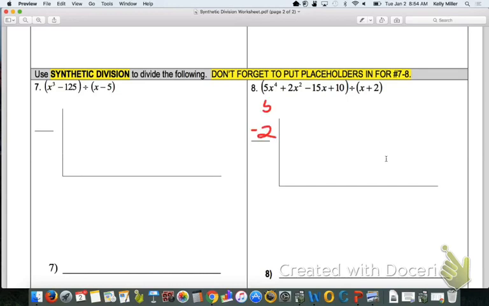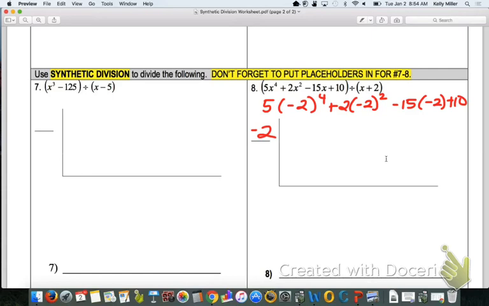So then what I did on my calculator is I did 5 times negative 2 to the 4th plus 2 times negative 2 squared minus 15 times negative 2 plus 10. And I put that into my calculator just the way I see it. 5 parentheses negative 2 to the 4th power plus 2 parentheses negative 2 squared, minus 15 parentheses negative 2 plus 10.